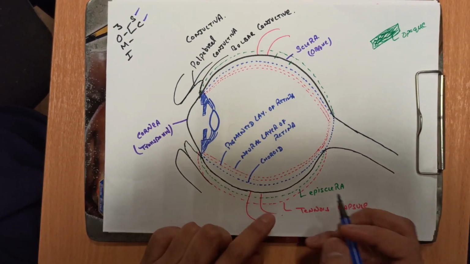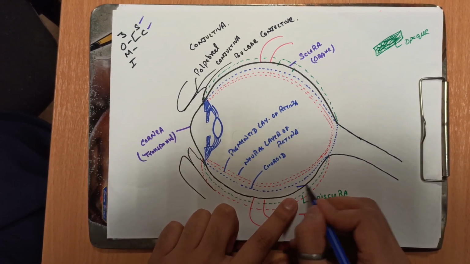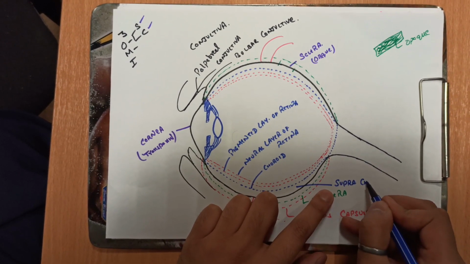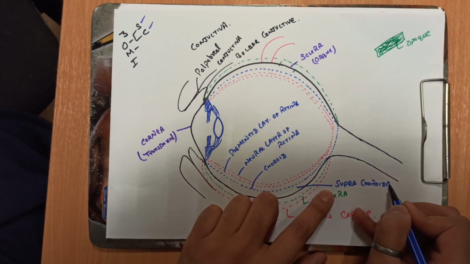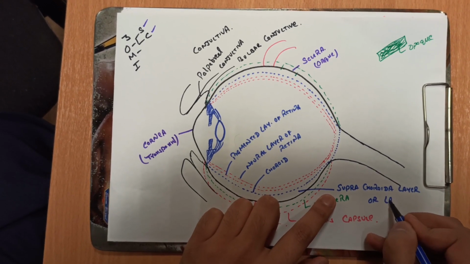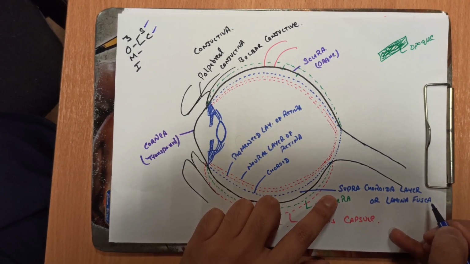Now just inner to the sclera and in between the choroid there is a layer known as the suprachoroidal layer or lamina fusca.